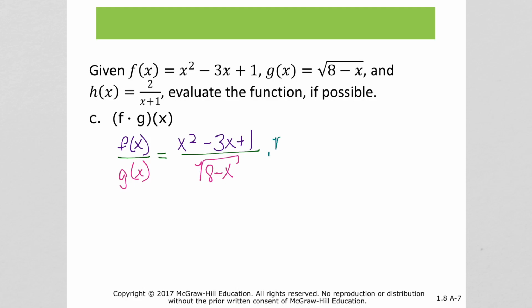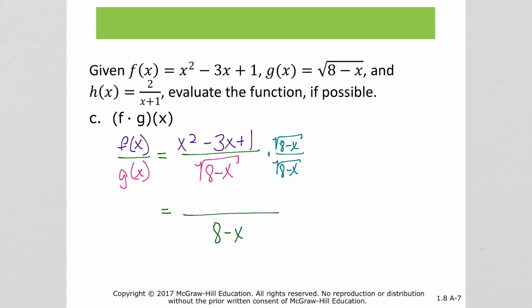So, in order to get rid of a square root in the denominator, remember we multiply both the top and the bottom by the square root of that, which is the square root of 8 minus x here. So in that case, on the bottom, we're just going to get 8 minus x.